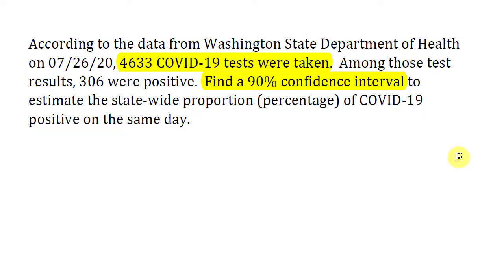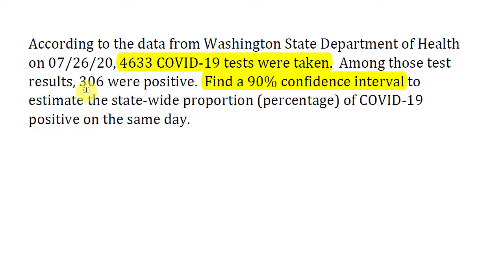We're given some information about a taken sample. So think about the tests, and let's pretend here that all these tests are randomly taken. The number of tests is a sample, where our sample size is 4,633 tests.